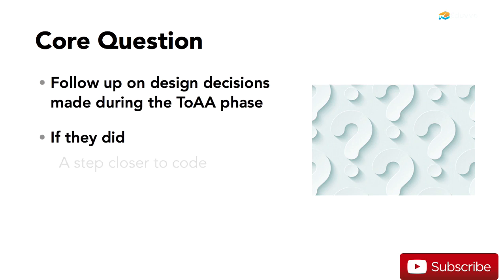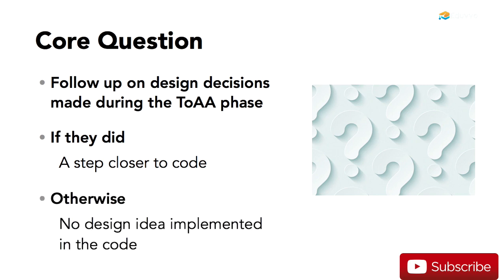If they did, is the idea a step closer to a piece of code which software developers can better relate to? The true evidence of this refinement is the official, system-wide adoption of a security pattern. If they didn't, this implies that there is absolutely no design idea implementation in the code.